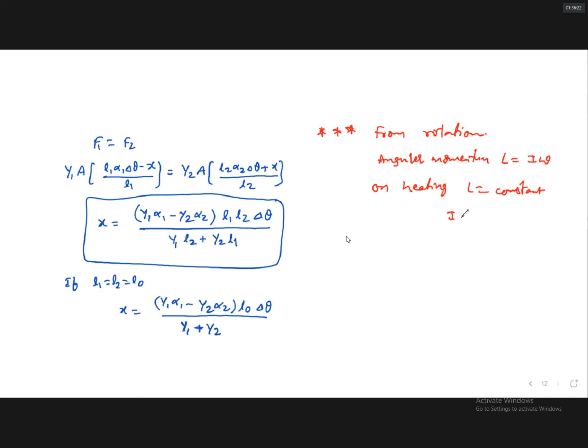So on heating, the I value increases and omega decreases. On heating, the moment of inertia increases because of the increase in length of the rod or the increase in radius of the rotating object. In case of a rod, the length of the rod increases. That's why the moment of inertia increases, and omega decreases. Angular velocity decreases.